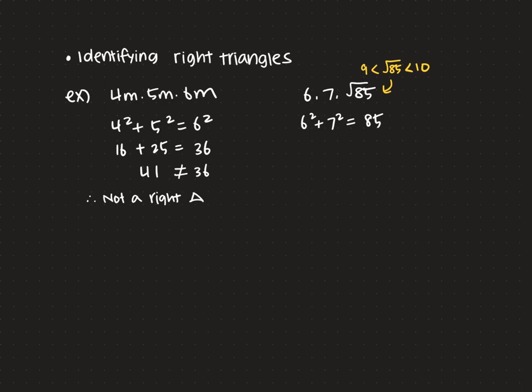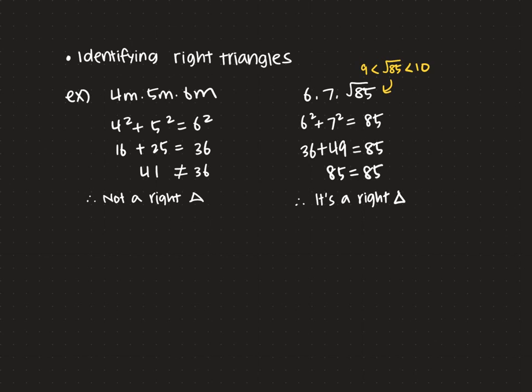So when you do 6 squared plus 7 squared, which is 36 plus 49, that would actually equal 85. So these numbers are going to make a right triangle. So by plugging into the Pythagorean theorem, you can find out if it's going to be a right triangle.